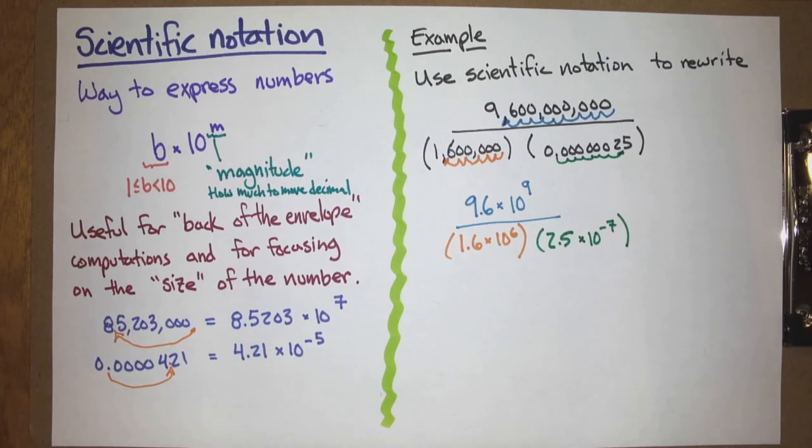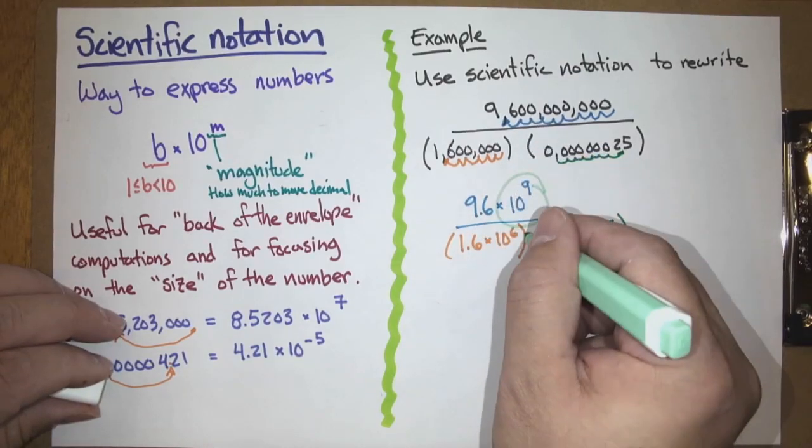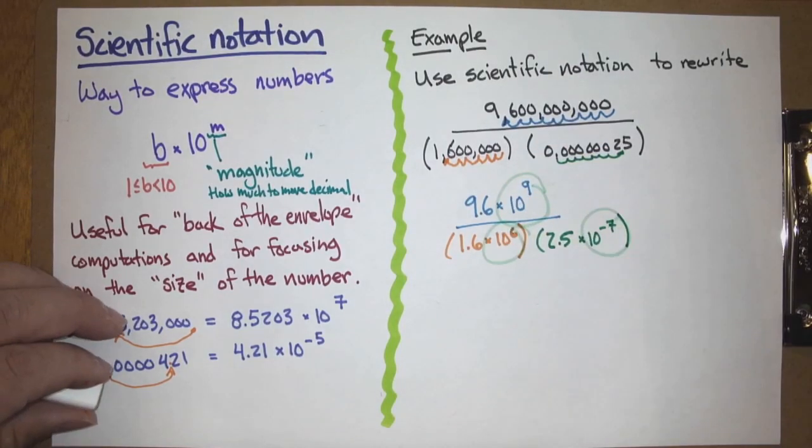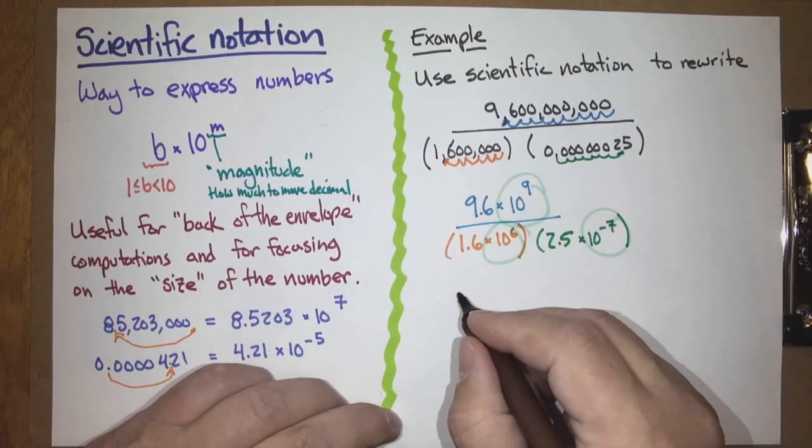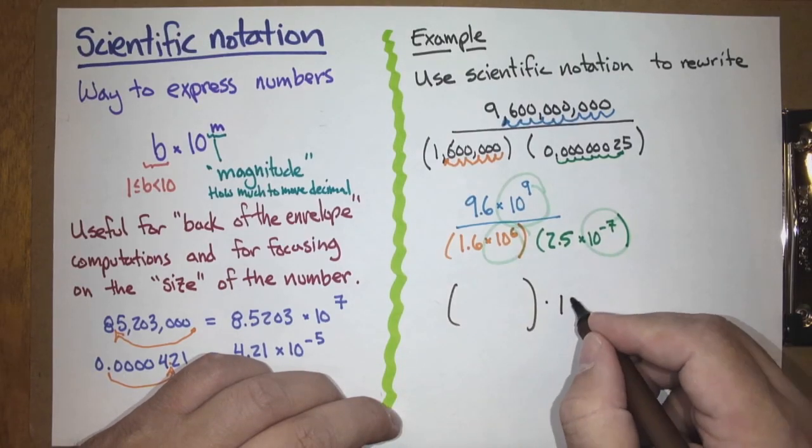Now we can take advantage of things that we learned about rules for combining exponents. We can say, well, let's grab those powers of 10 and put them all together. So if I have 10 to a power divided by 10 to a power and 10 to a power, I can combine them to 10 to a single power. So we have some other pieces times 10.